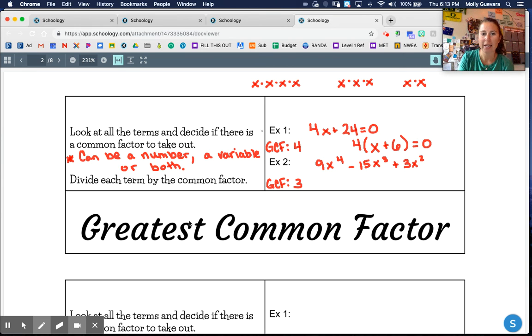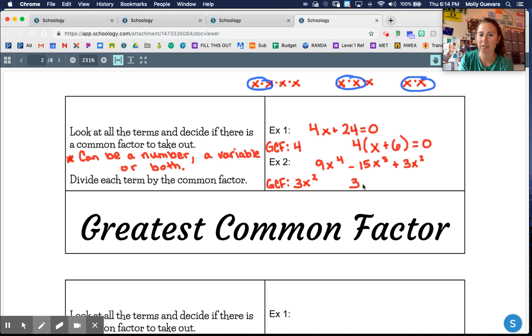I cannot take out 4 x's because even though I have 4 here, I don't have 4 here, and I don't have 4 here. I can't take out 3 because I have 3 here and I have 3 here, but I don't have 3 here. I have to take the same amount in every single term. So the most I can take out in each term is 2, right? That's the most I can take out. So not only can I take out a 3, but I can also take out an x squared.